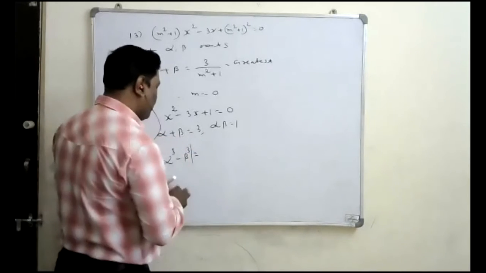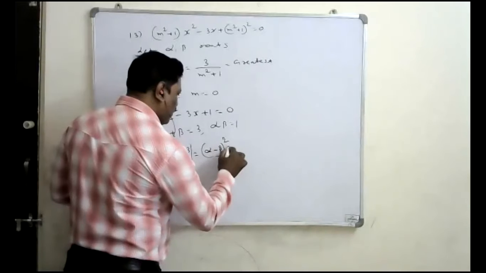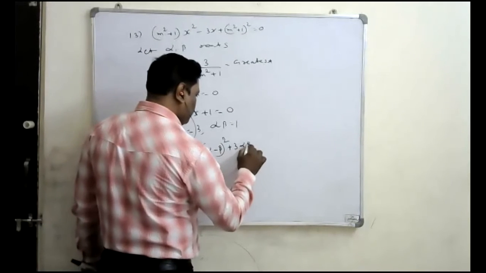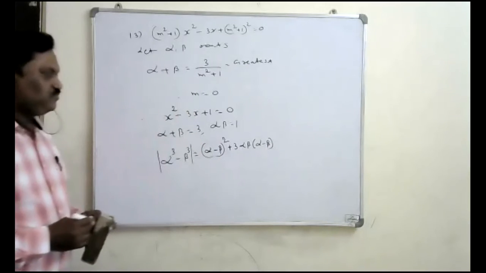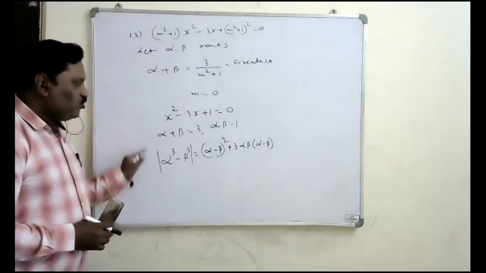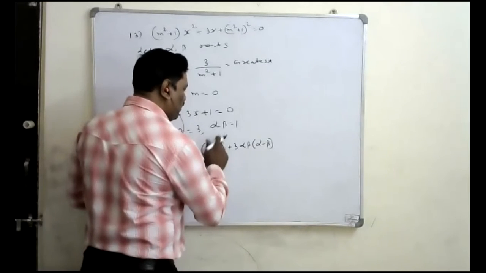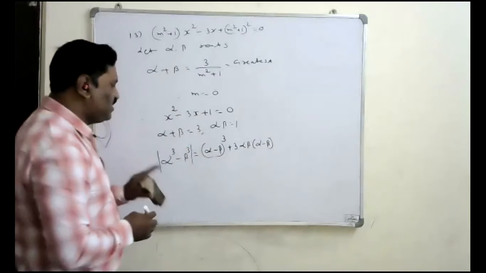Yes, write the formula directly: alpha minus beta whole cube plus 3 alpha beta (alpha minus beta). This is the formula for a cube minus b cube: a minus b whole cube plus 3ab into a minus b.